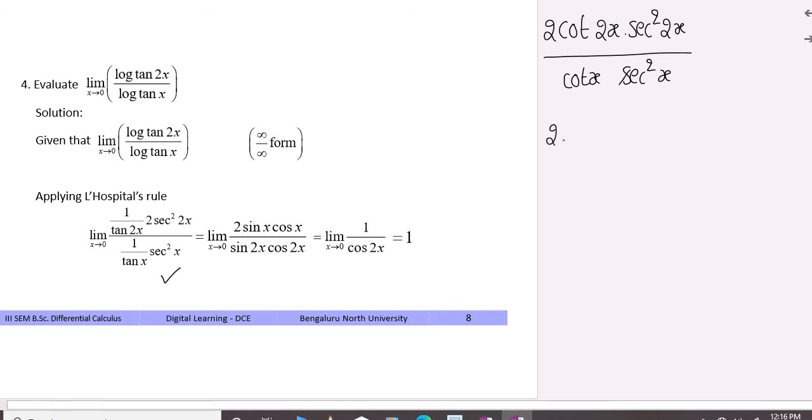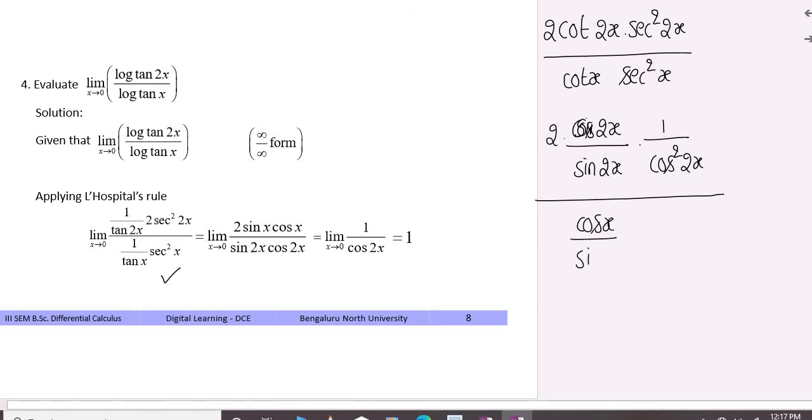Now 2 aside, cot 2x can be written as cos 2x divided by sin 2x, and secant square 2x can be written as 1 by cos square 2x, divided by cot x, which can be written as cos x by sin x into 1 by cos square x. 1 cos 2x, 1 cos 2x cancel. 1 cos x, 1 cos x cancel.